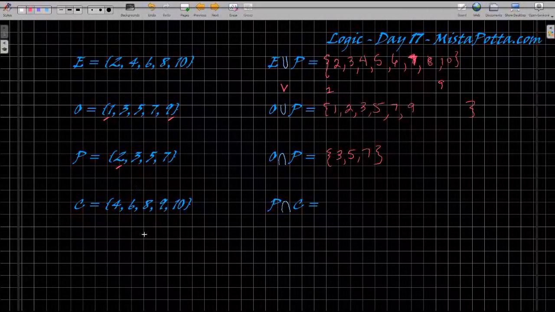And if I look at a set like P intersect C, I run into an interesting issue. What elements are in both P and C? What numbers are both prime and composite? And notice that they share no elements. We say sets that share no elements are called disjoint.